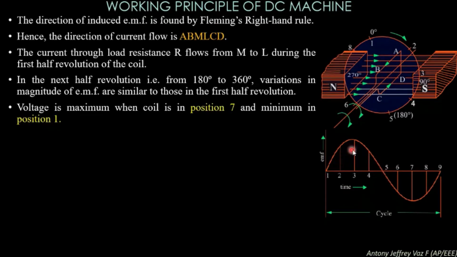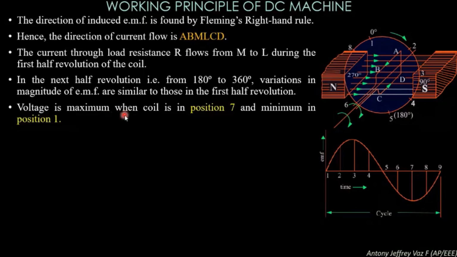Here it is a positive value, but from 180 to 360 degrees, the sign of the induced EMF gets changed. Here you will get a negative sinusoidal waveform, and the negative peak of the sinusoidal waveform is produced.